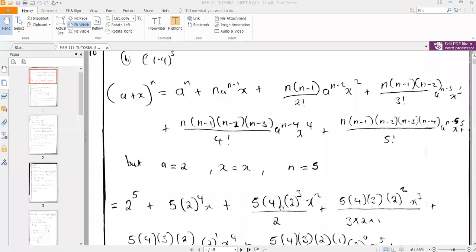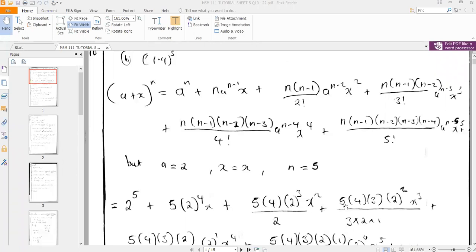Then we come to the next step where our n is 5 and it's 5 minus 1, which gives us 4. Then here our a is 2, but our n is 5, so 5 minus 2, we get 3 here. Then our x is simply x, so we get x squared.